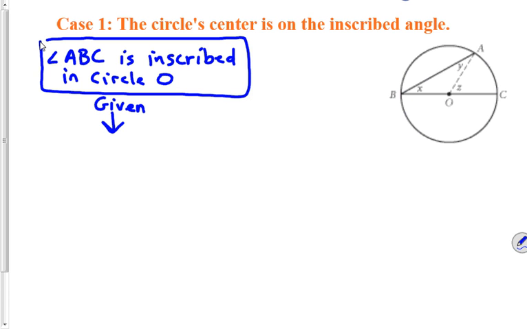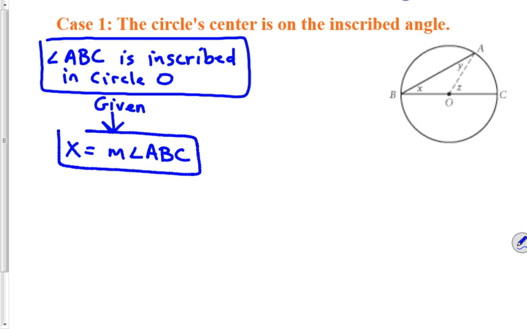That would lead us to say X equals the measure of angle ABC. And that's just from the diagram, so we could probably say that this is given information too. In fact, we may even be able to leave out that first box and just start with X equals the measure of angle ABC. But we'll leave it there for now.